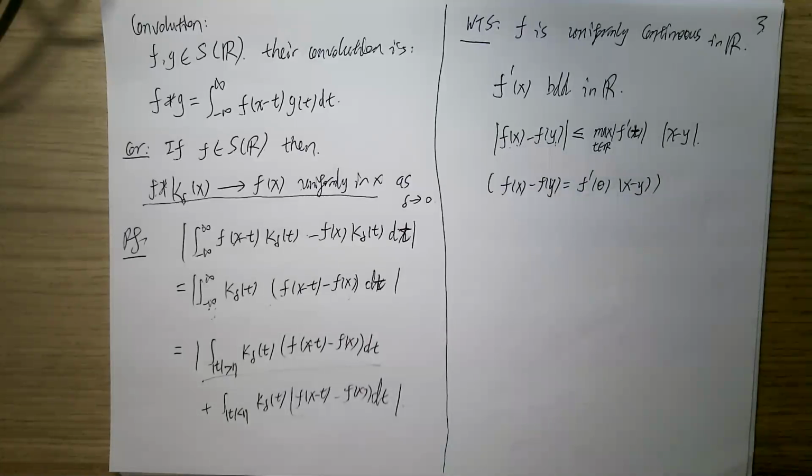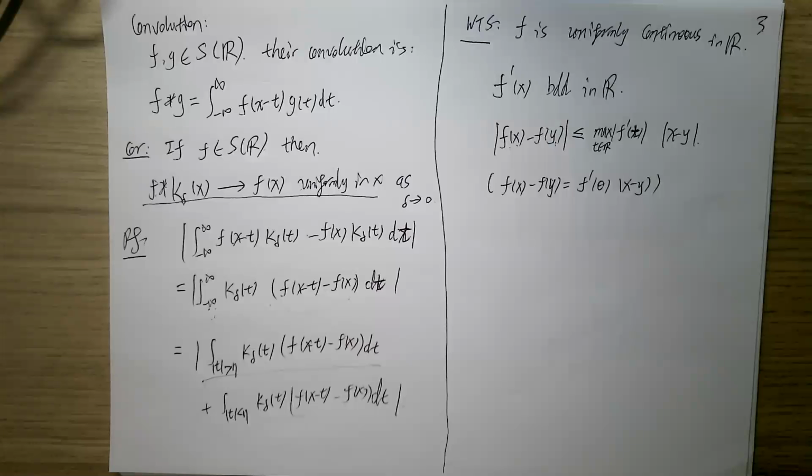But of course, in our textbook, he also introduced another way to prove f is uniformly continuous. This way you don't really use any derivative of this function. You can show that as long as your function is decaying to 0 at infinity, then your function could be uniformly continuous.